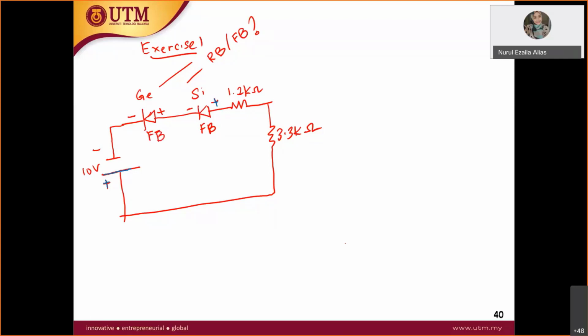So when I draw now, this is your equivalent circuit. Since both are forward biased, they have voltage drops. Am I right? So you redraw the equivalent circuit and you will get this: negative, plus, and this is 10 volt.